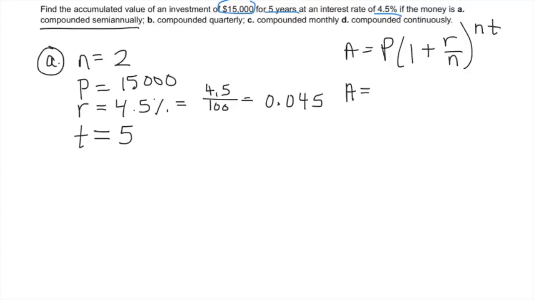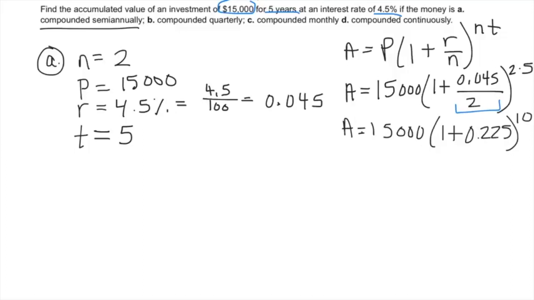That's our future value. So when I plug all my numbers in, I get 15,000 times (1 plus 0.045 divided by 2) to the 2 times 5 power. Our first step is to divide 0.045 by 2.